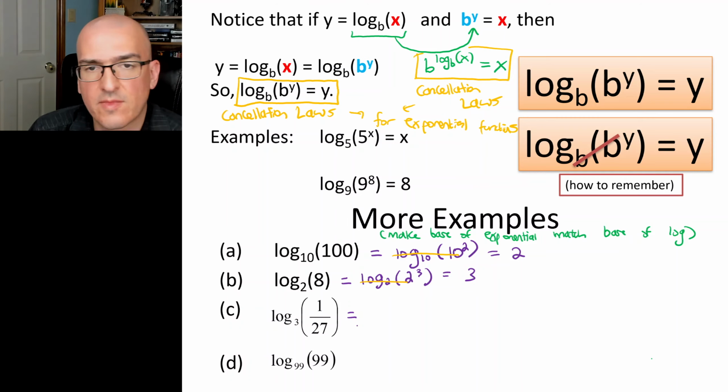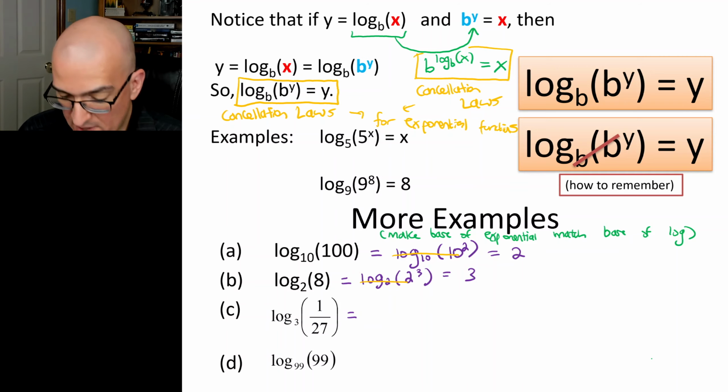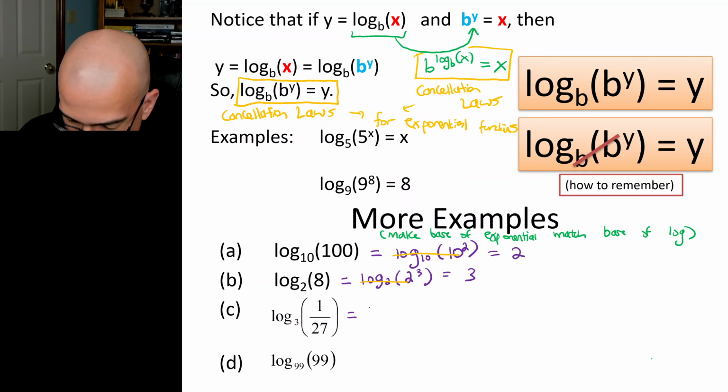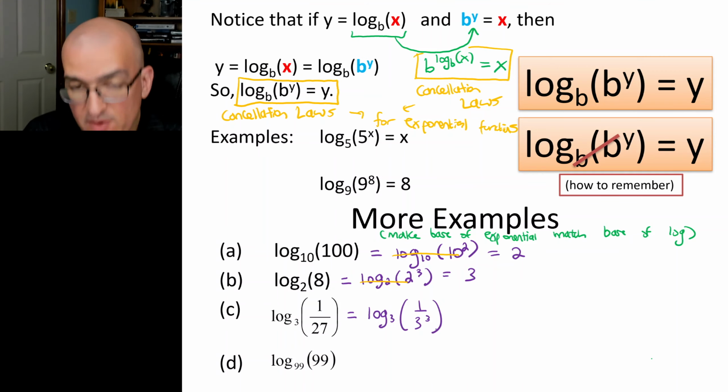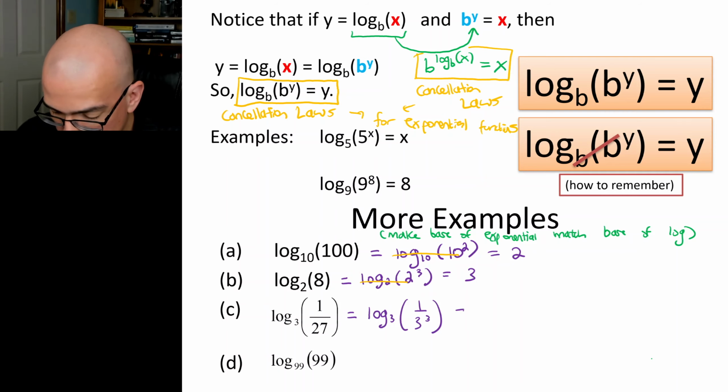Okay, the next one, I want to do something similar. I want to write 1 over 27 as 3 to a power. I'm going to do this one in 2 steps. This is log base 3 of 1 over 3 to the 3. I cannot cancel them yet. It has to be exactly the base to a power. Right now it's 1 over that same base to a power, so the rule doesn't apply.